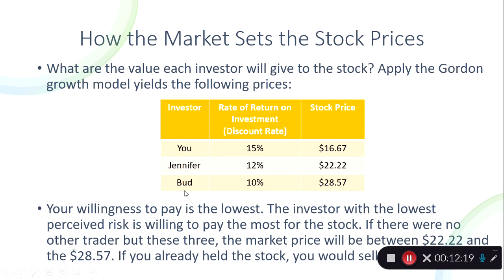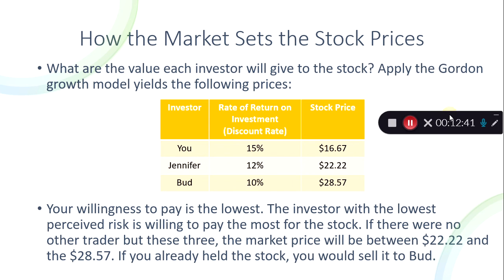But who knows exactly what the company would do? He requires only 10% in his mind. KE is 10 minus 3 is 7. 2 divided by 0.07, that is 28.57. So in this situation, your willingness to pay is the lowest.